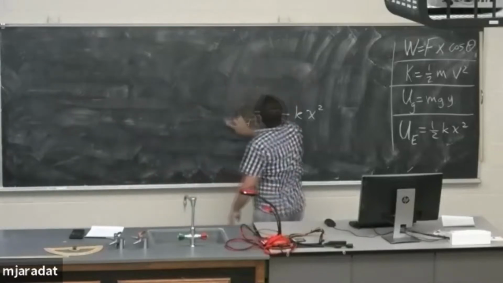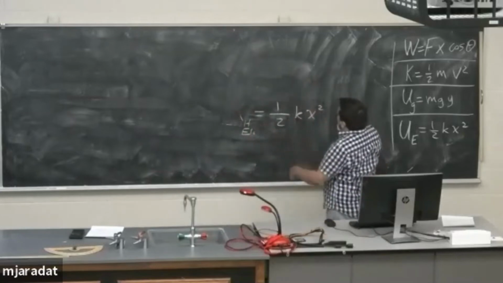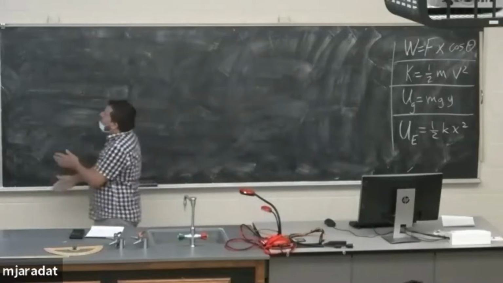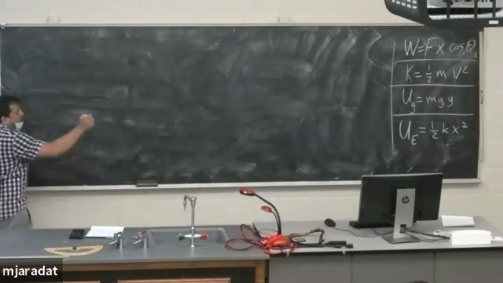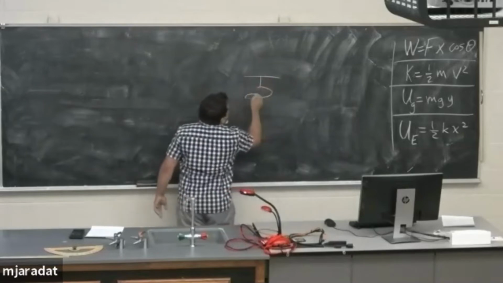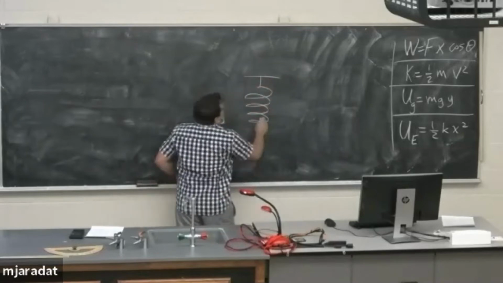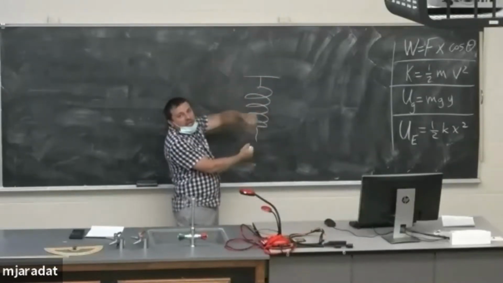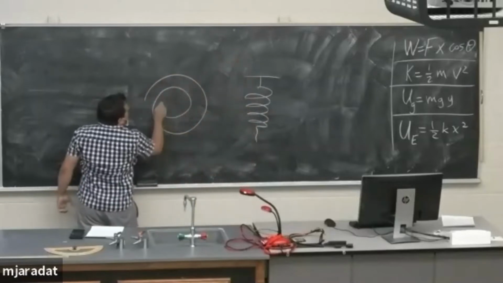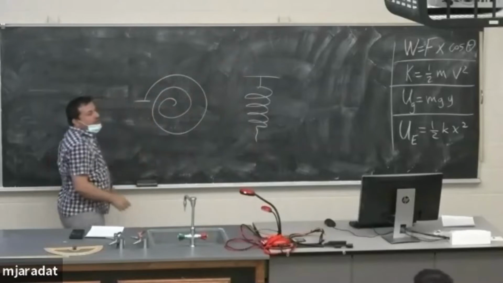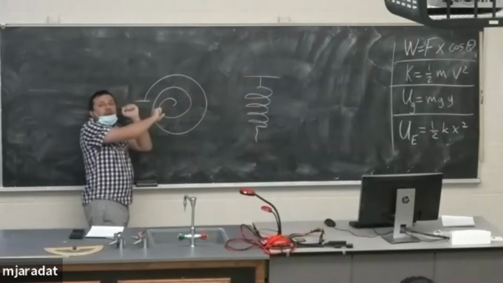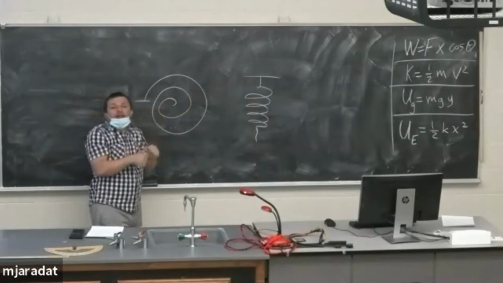Now we talk about the elastic potential energy. Now we need to put an application. Before I forget, we know that this is a spring. It is a linear spring. We can push it, we can expand it. Also, we have this spring, which we can push and expand rotationally, in angle.